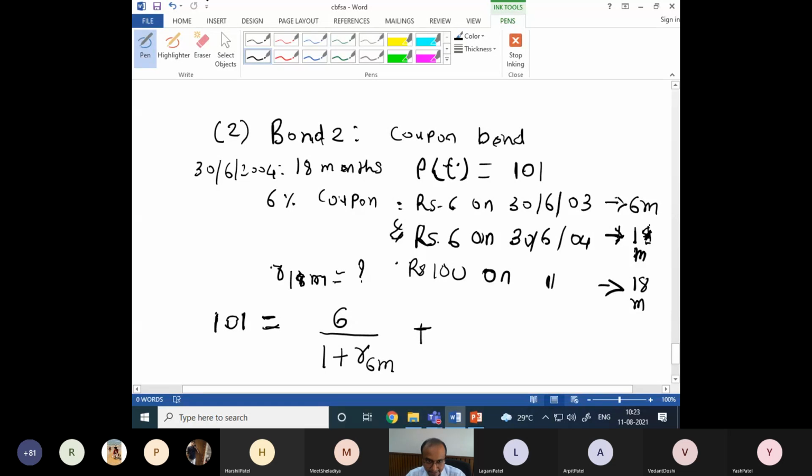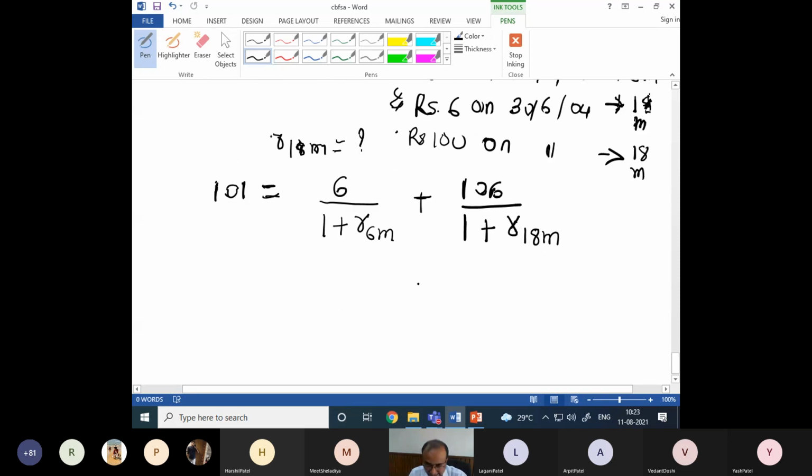So I'm writing here 106 rupees. It is 106 divided by 1 plus R 18 months, because it is like this.